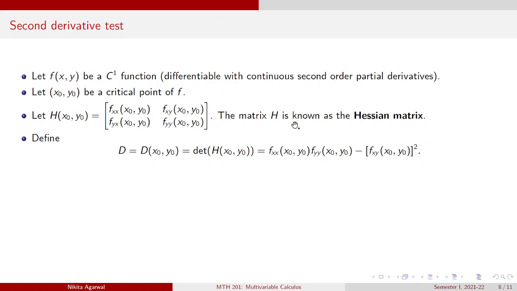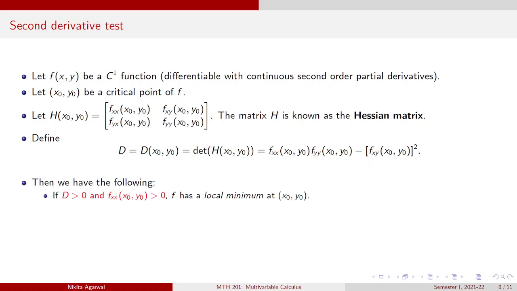So this is the determinant of this matrix, and the second derivative test tells us the following. If this determinant is positive and fxx at the given point is positive, then f has a local minimum at this point.